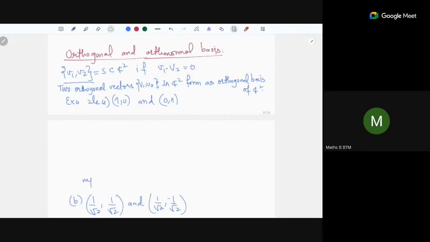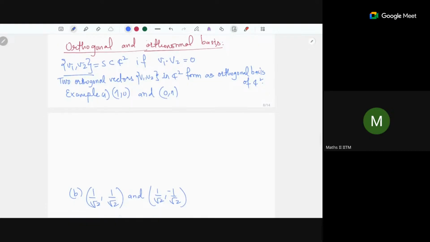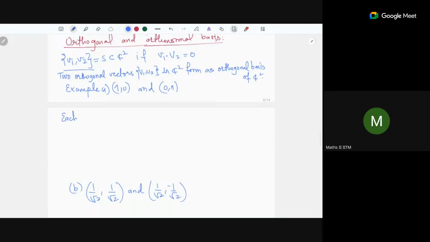Orthonormal means that each vector in the orthogonal basis has magnitude equal to 1.